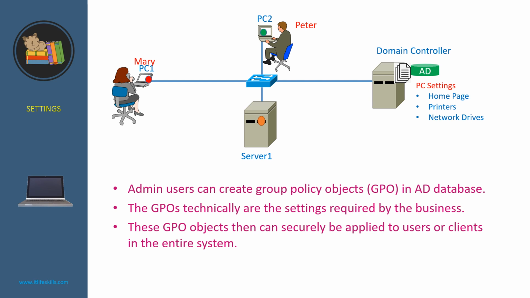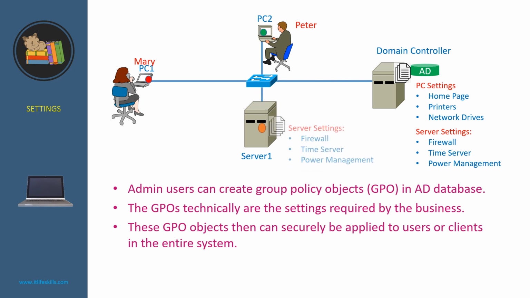Next, we can create a new group policy named server settings, which sets the firewall, time server, and power management, and we can assign the server settings to all the member servers in the system. Now, when server 1 is connected to Active Directory, Active Directory can send the server settings group policy to server 1.